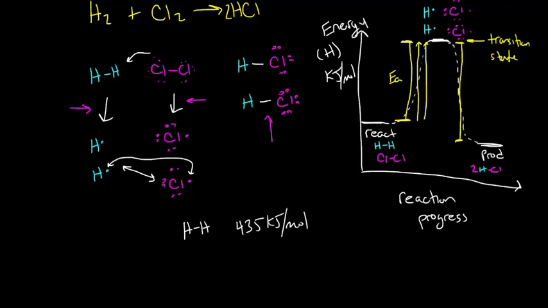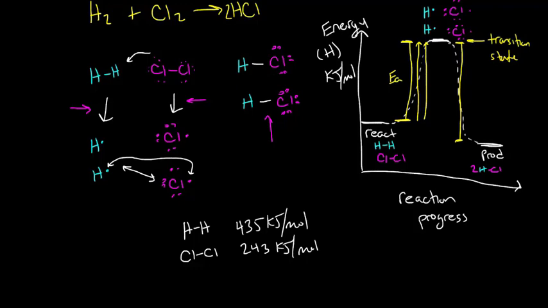This means it requires 435 kilojoules per mole of energy to break a hydrogen-hydrogen bond. Likewise, we can look up the bond enthalpy for chlorine, and this is 243 kilojoules per mole. So these are both endothermic.